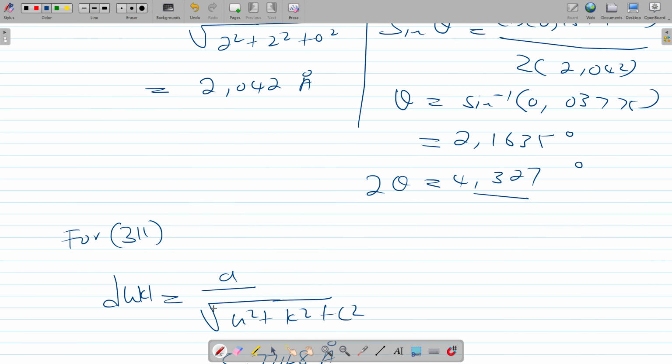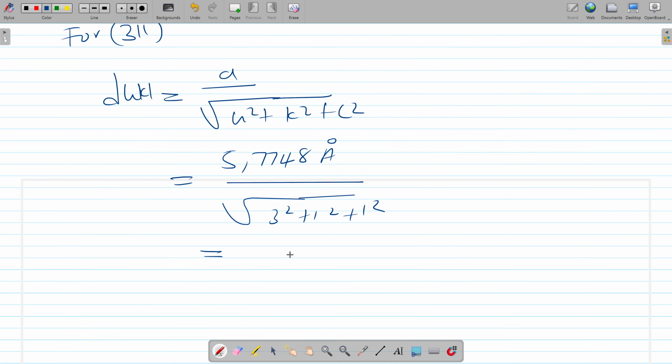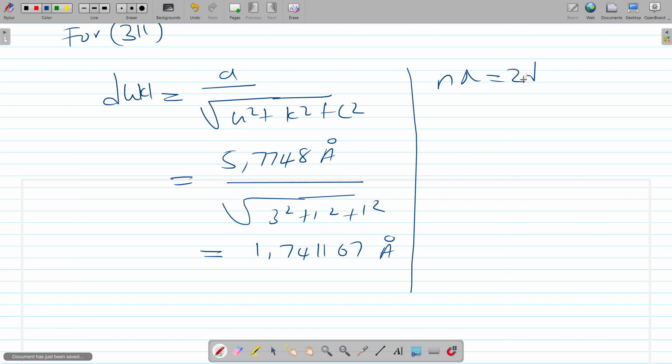I'm going to put this into the calculator, and we're going to have the following: 5.7748 divided by the square root of 3 squared plus 1 squared plus 1 squared, right? From there we are going to have 1.741167 angstrom.